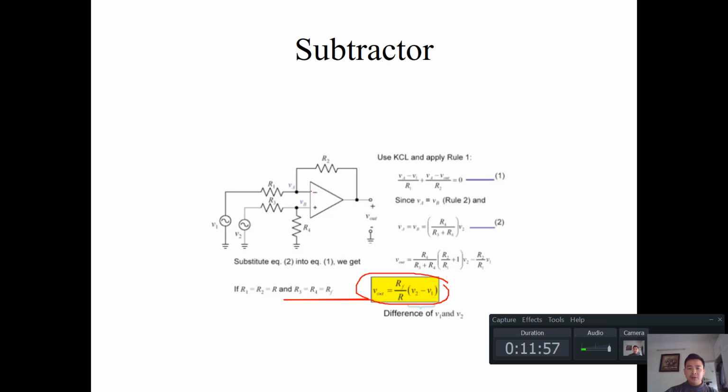The V out is a function of the difference of V1 and V2. You can see in this formula, V out equals a coefficient K times V2 minus V1. So this is the subtractor circuit.